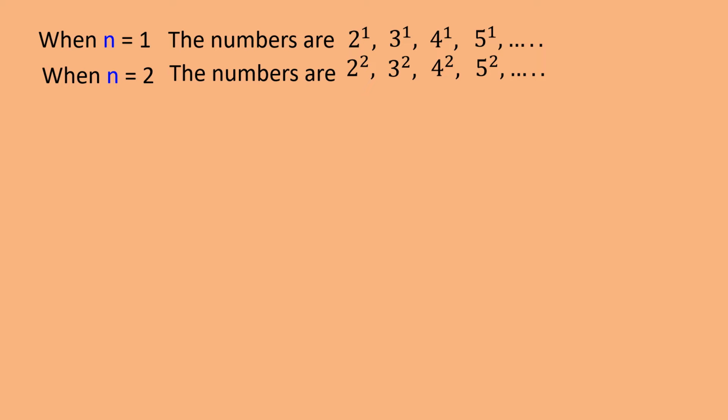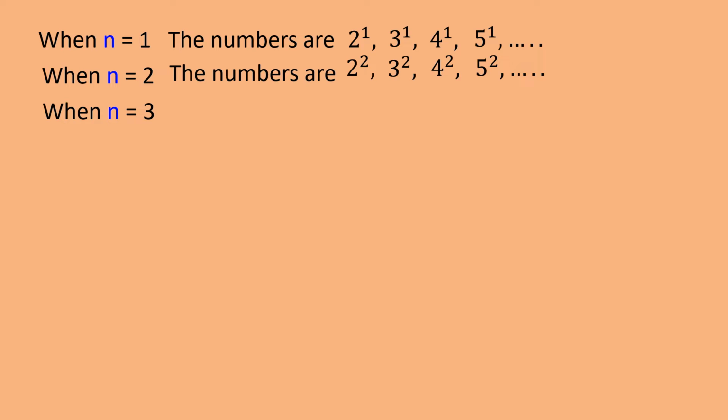2 is an integer. In the previous case, the same numbers can be written in index form, that is 2 raised to 1, 3 raised to 1, 4 raised to 1, 5 raised to 1. Similarly, when the index is 2, we say square of 2, square of 3, square of 4 and square of 5 and so on.